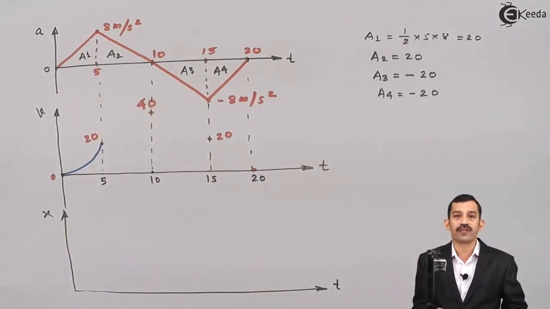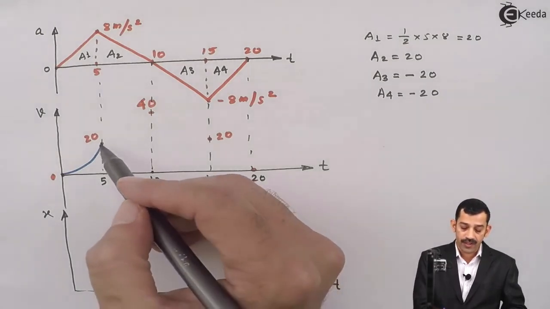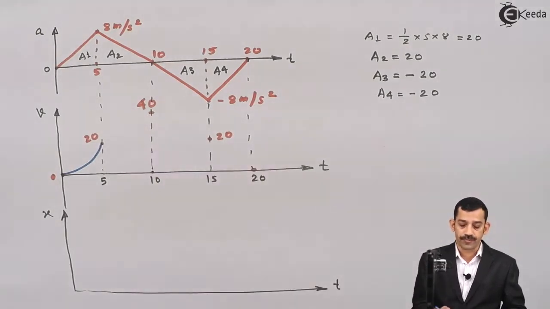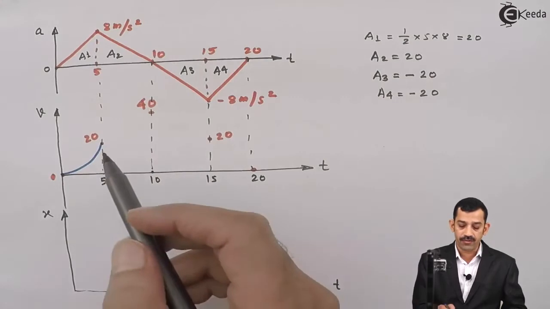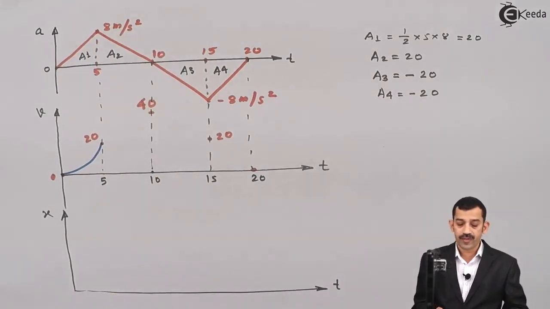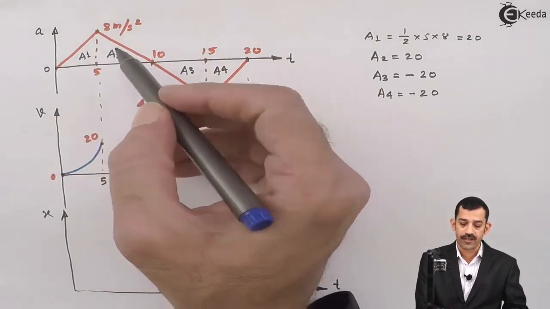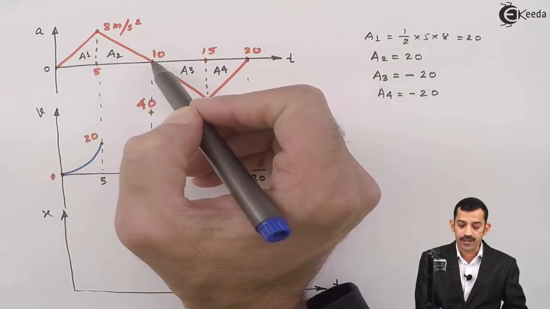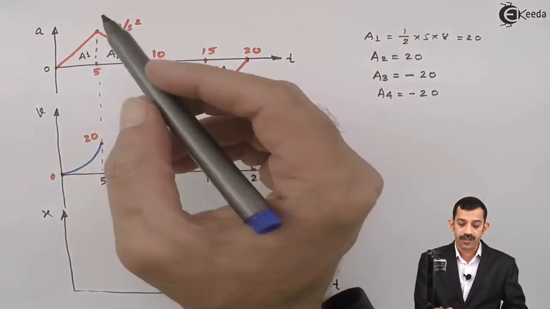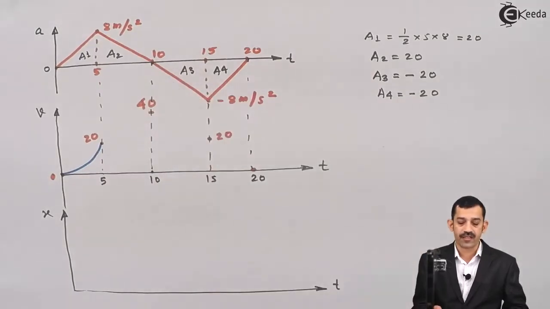In 5 to 10 seconds, velocity increases from 20 to 40. Again, how will we join these two locations by a curve? In the AT diagram it is an inclined straight line, that means in the VT diagram a parabolic curve. Next, in the AT diagram, from 5 to 10 seconds, acceleration is decreasing and finally becomes 0 at 10 seconds. That means acceleration at 5 seconds is 8, acceleration at 10 seconds is 0.